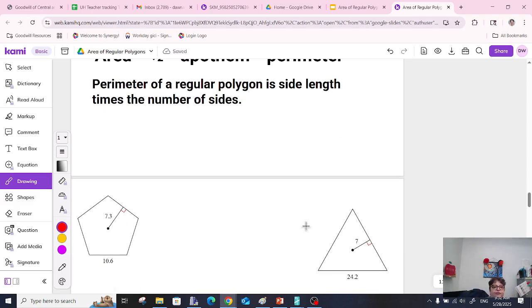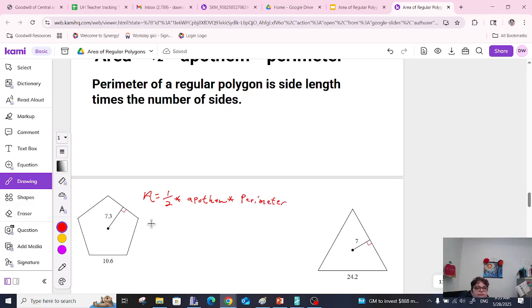Okay? So, if I'm looking at these, we know that the formula, because this is a regular polygon, is 1/2 times apothem times perimeter, right?